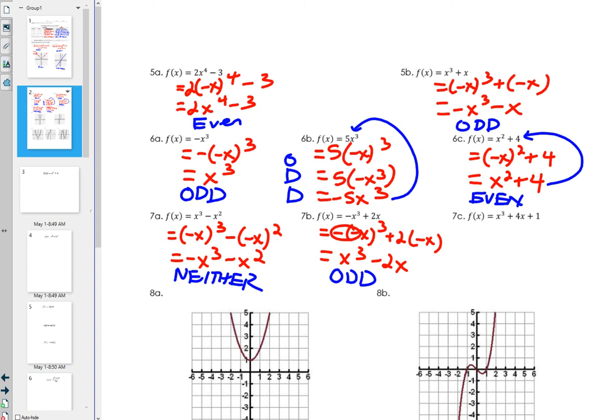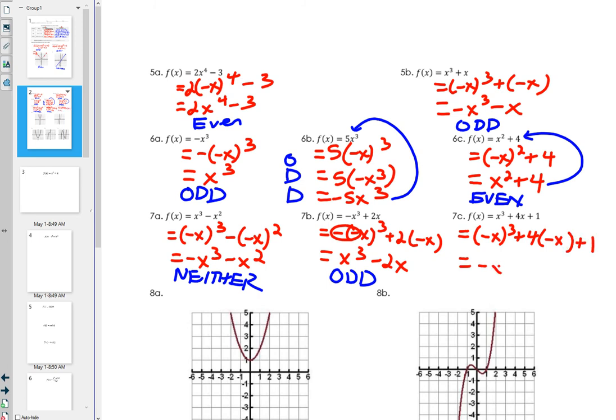Lan An, how about 7C? Even, odd, or neither? You say odd. All right, let's see. Negative x to the third plus 4 times negative x plus 1.